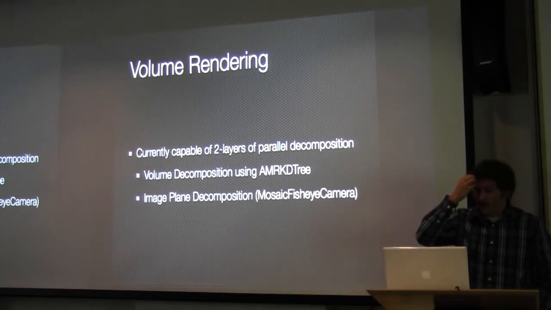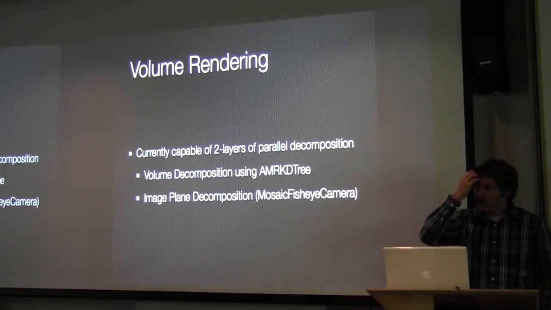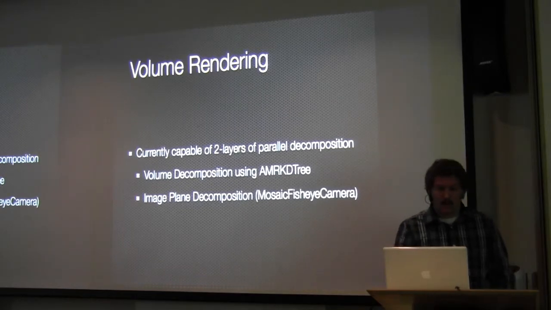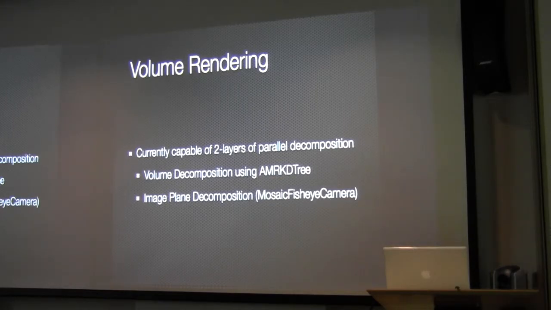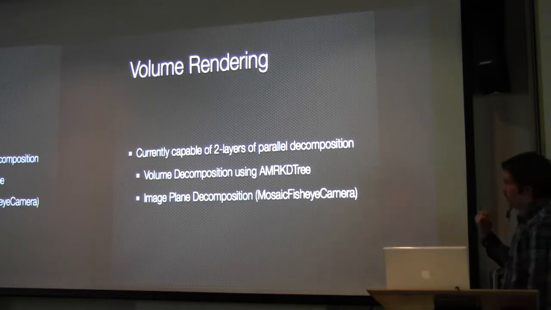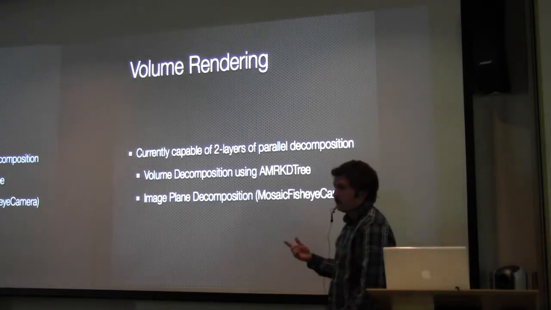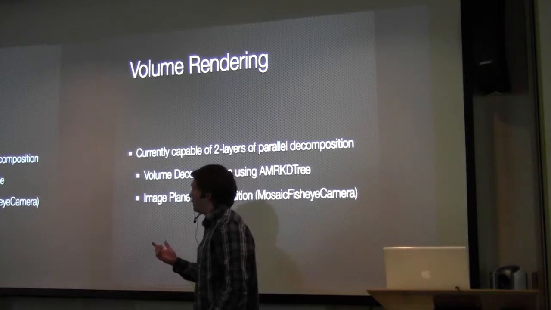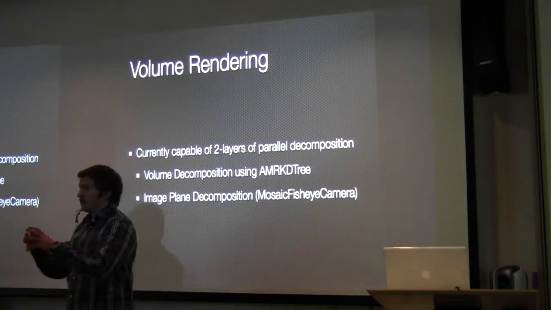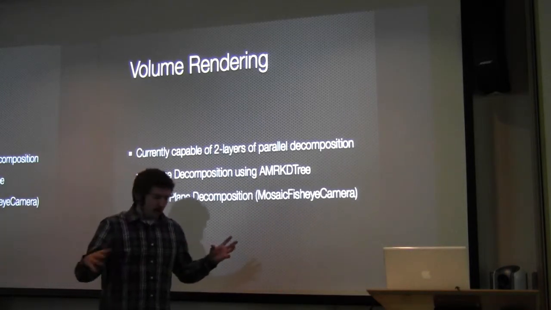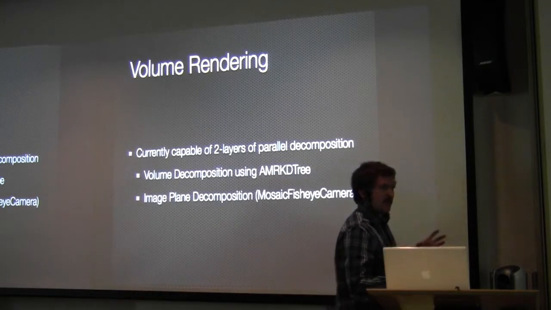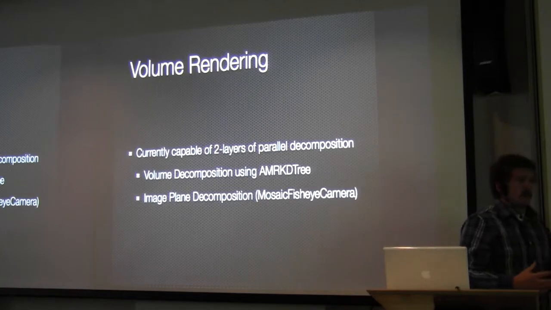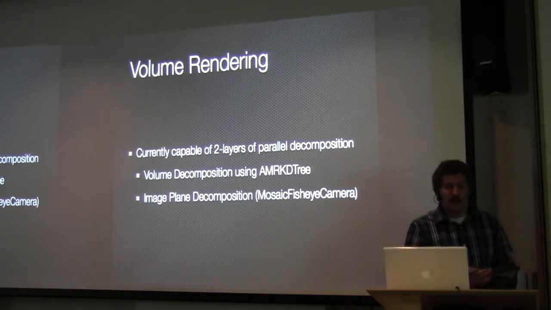The final thing I'm going to talk about is volume rendering, which we'll be getting into later today. Recently, there was a push to provide 2 layers of parallelism in the volume renderer. It used to be that the only way was doing a volume decomposition using something we call an AMR-KD tree. This attempts to split up the domain into as equal chunks as possible, depending on your number of processors.